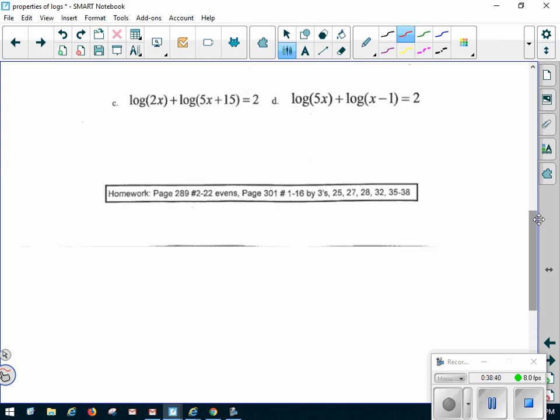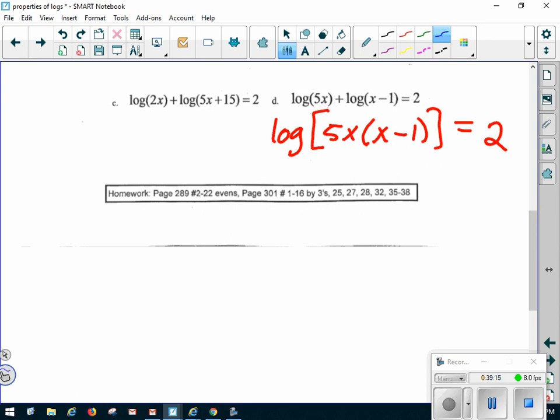One more. Oh, you know what? Log is 10. 5 times 2 is 10. Log of 5x squared minus 5x.